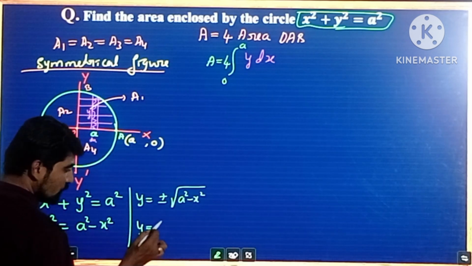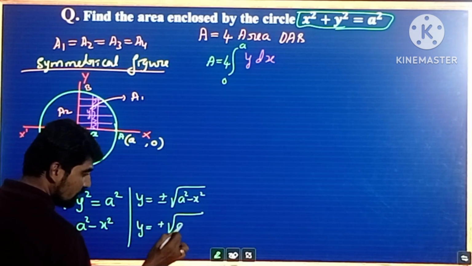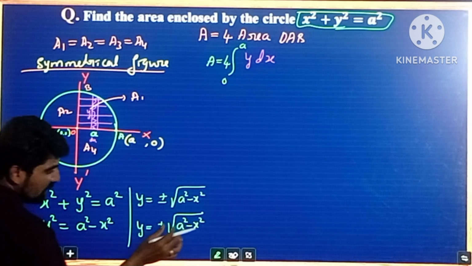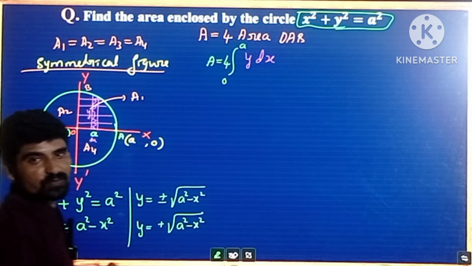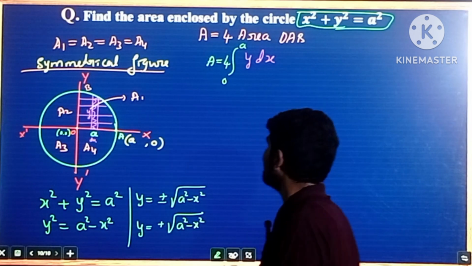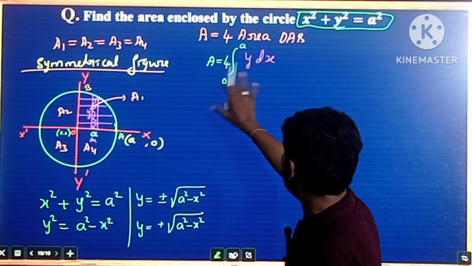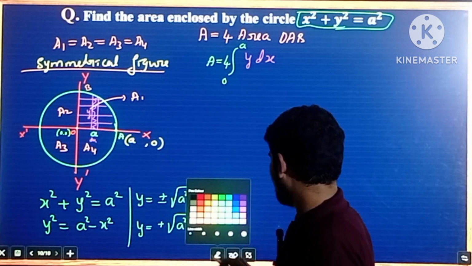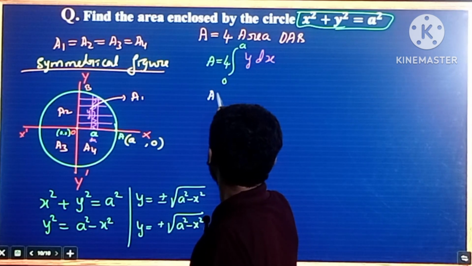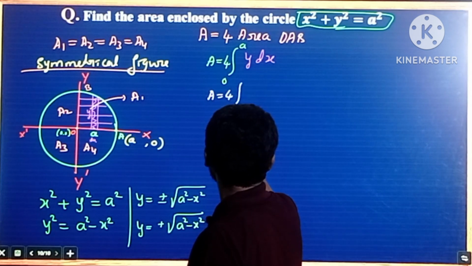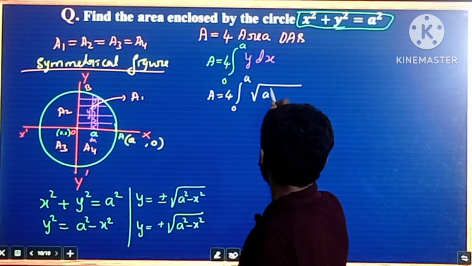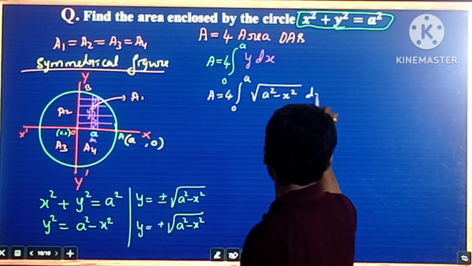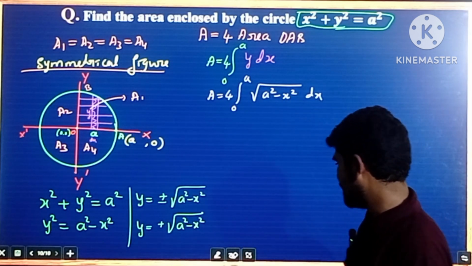But I consider only the positive value of y, because we are finding the area in the first quadrant. In the first quadrant, y is always positive. Now substitute this value of y in this equation. Therefore, the area is equal to 4 times the integration from 0 to a of the square root of a square minus x square dx.